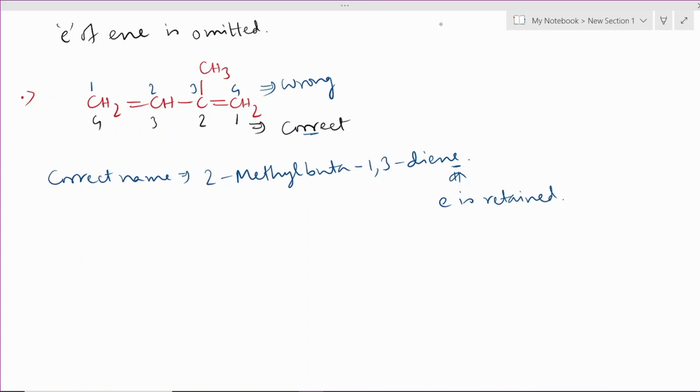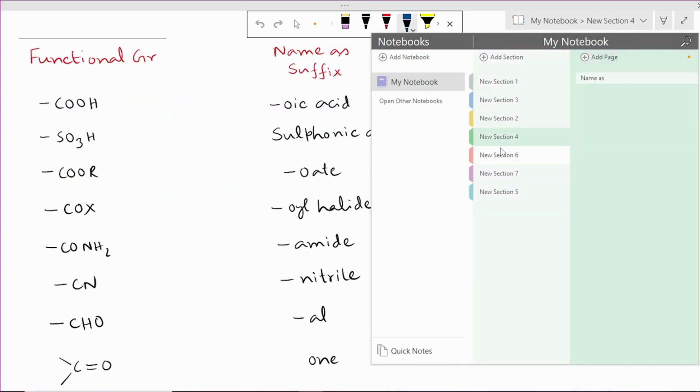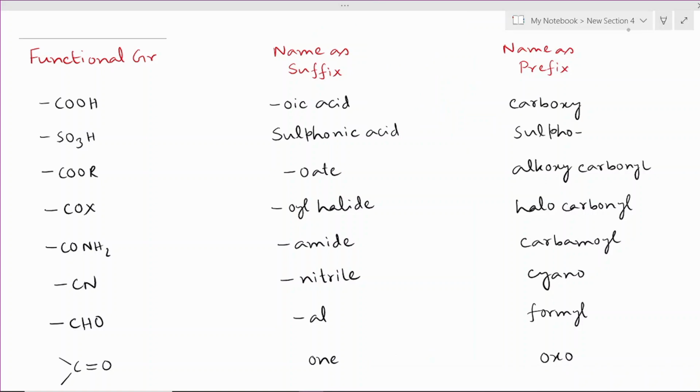Now we move on to the nomenclature of compounds having one functional group. Here is the list of the functional groups with their suffix names and prefix names. The prefix name of a functional group is used when 2 functional groups are there. If an acid group is present, then it will be oic acid.